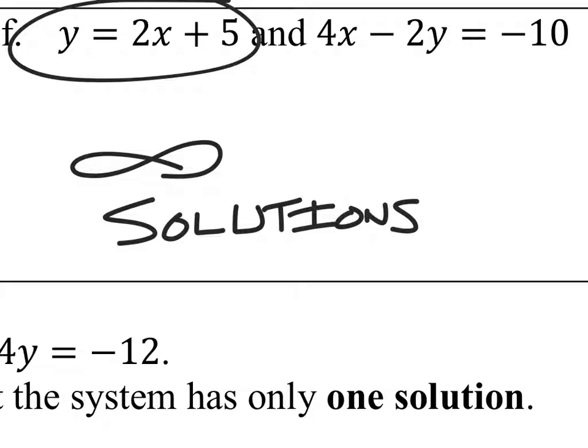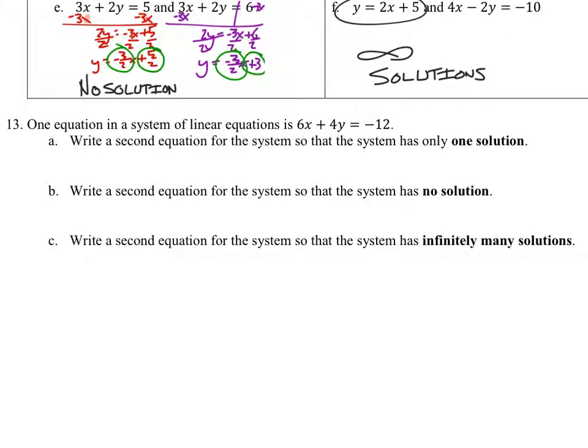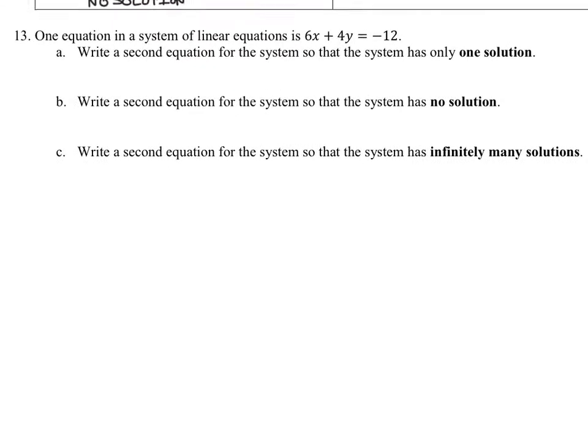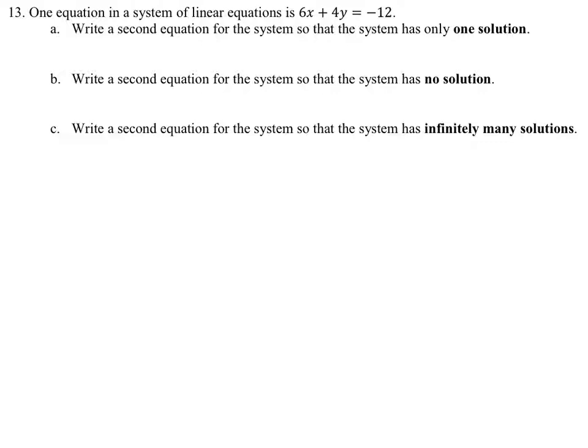On the test, you can expect problems like these three, where you have to make up your own equation, which has one solution, no solutions, and infinite solutions. So what I would recommend doing is changing this into slope-intercept form.